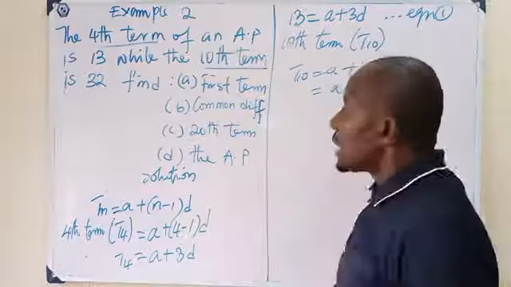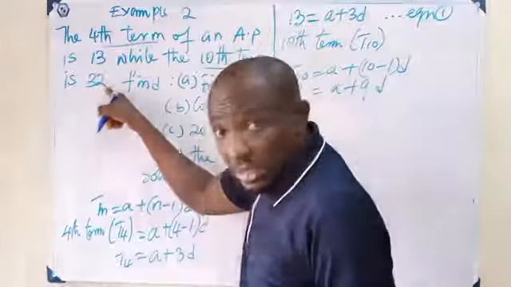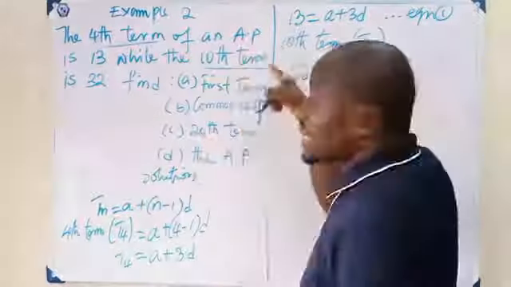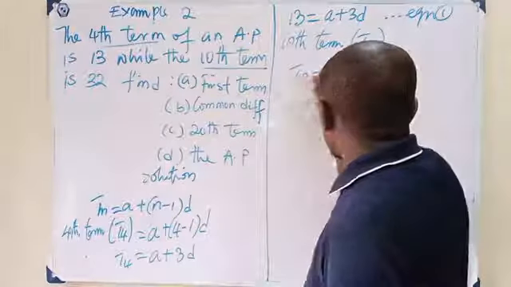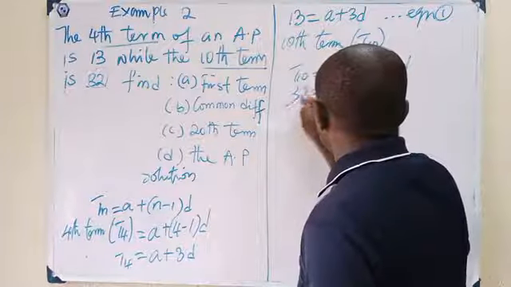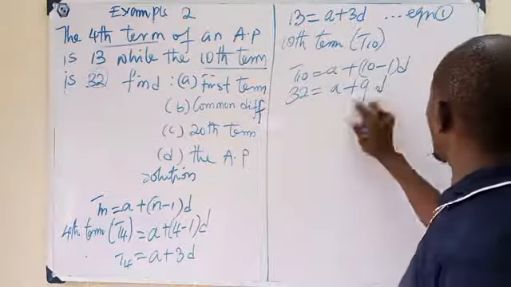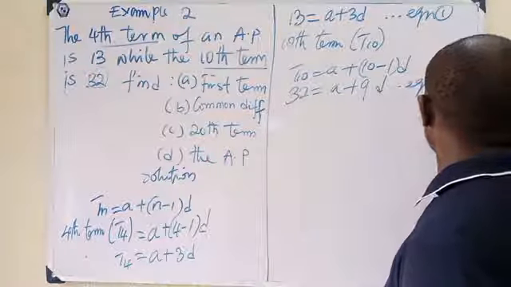Can you see it? Now from the equation, they said that the 10th term is 32. So you are going to remove this and replace it with what? 32. Can you see it? So that is all. So you can call this one your equation 2.